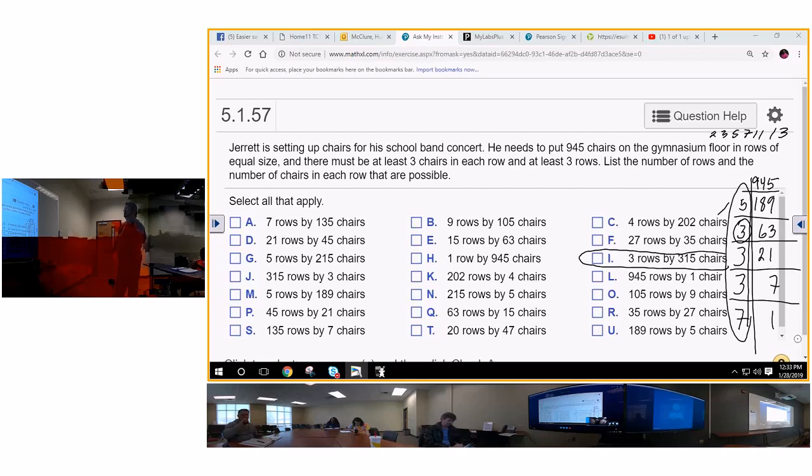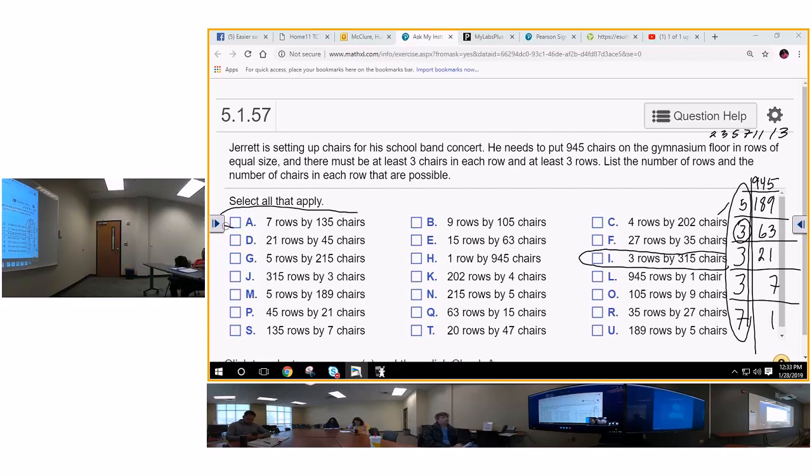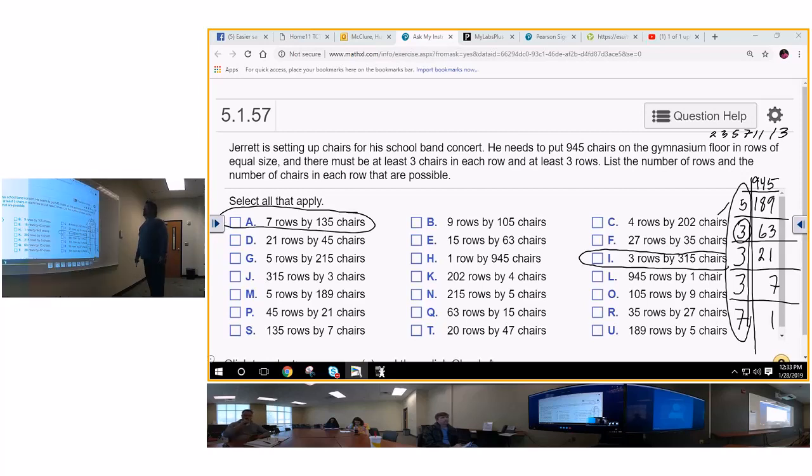So I'm looking for 7 times 135. You see a 7 times 135? 945. Right here. So 1 won't work because it's one row, right? It says at least what? 3. At least 3. Let's do a number line.